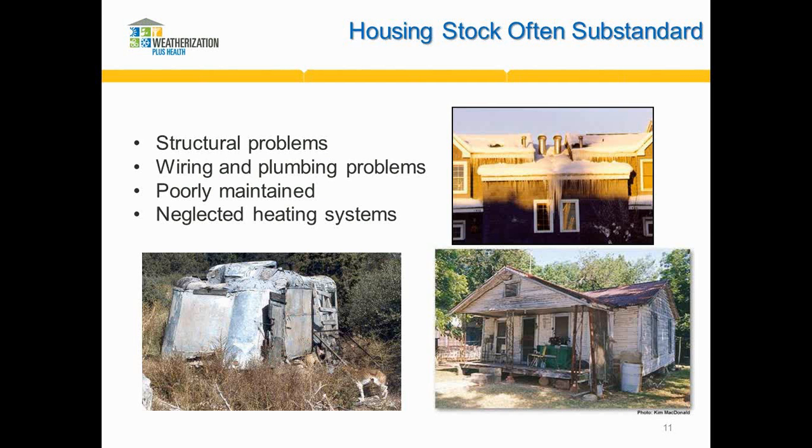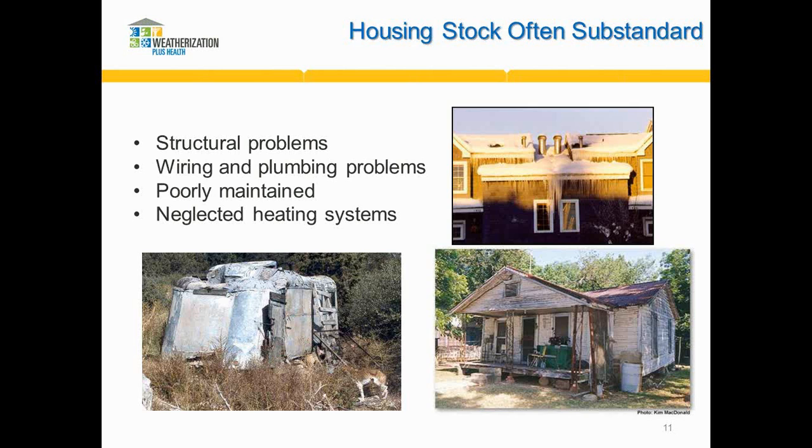The housing stock of low-income people is often substandard housing. We often see these structural problems, sometimes rotted-out floors, rotted-out walls, bad roofs, wiring and plumbing problems, and often poorly maintained homes just because the people cannot afford to do proper maintenance.